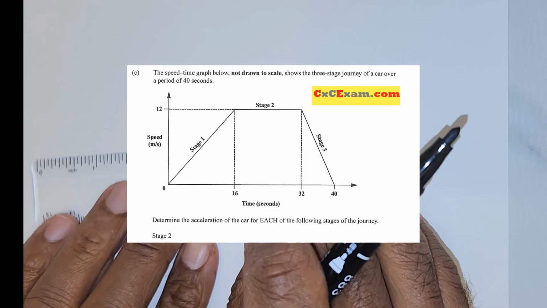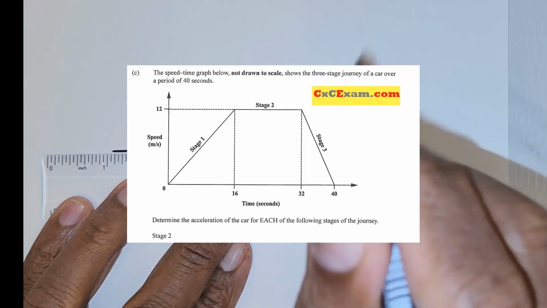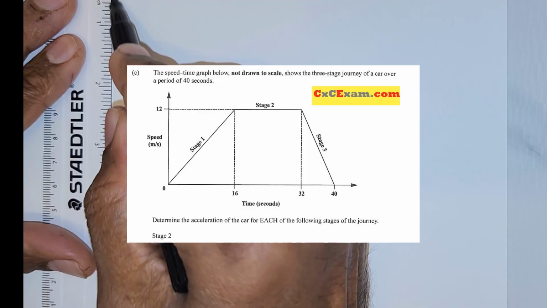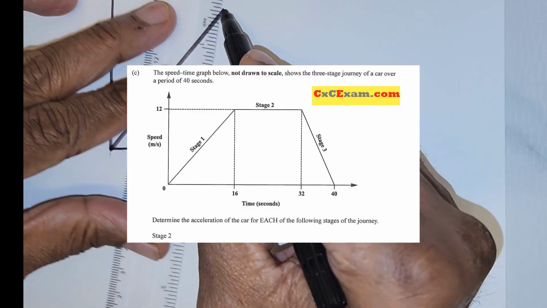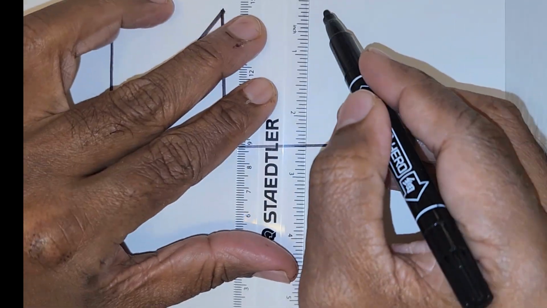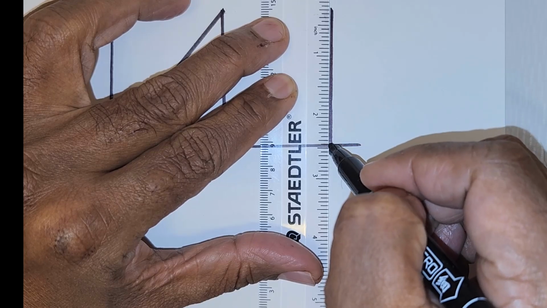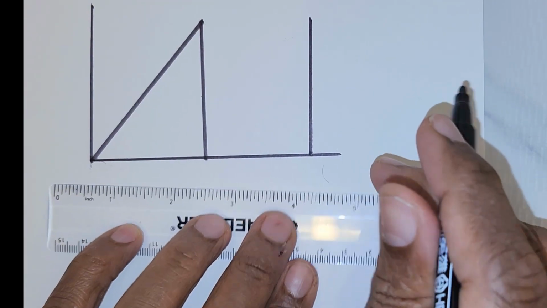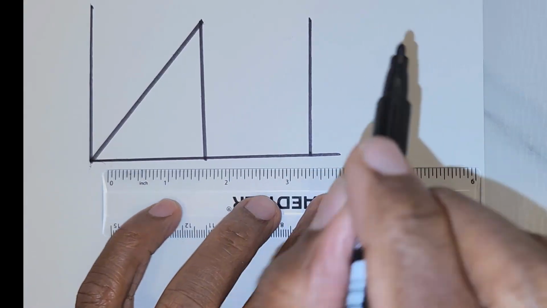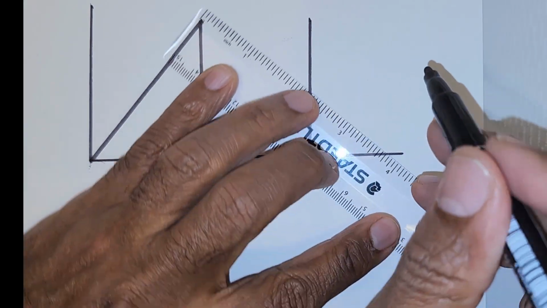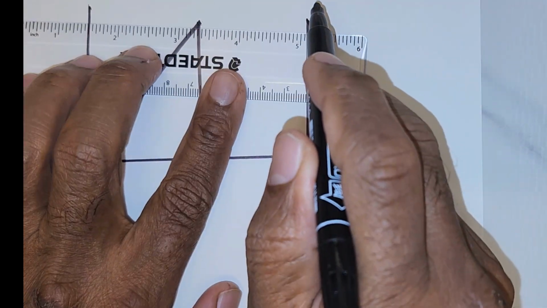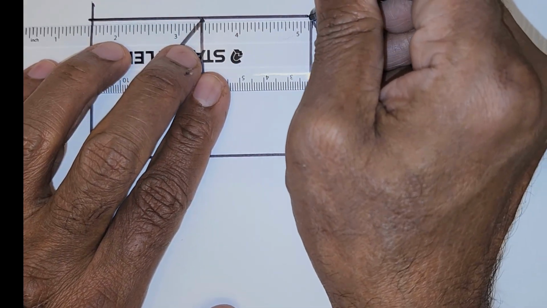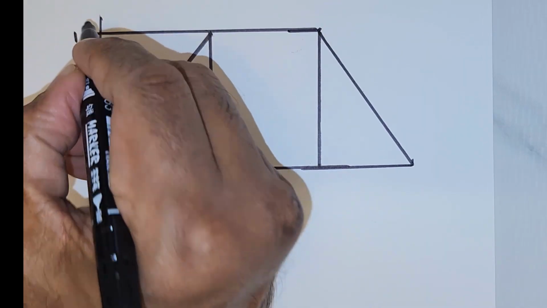We've been given a graph which is actually the acceleration of a car. So let me draw that. Okay, so this is given as 12 units.